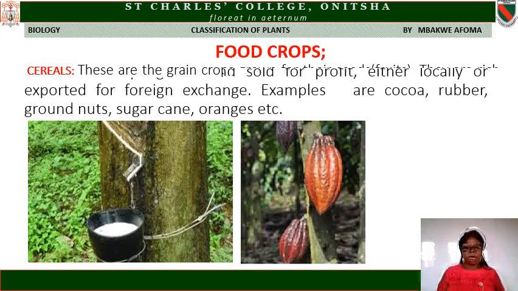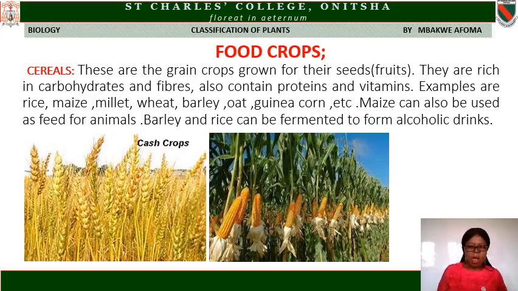The next one is food crops. Now, under food crops, we have cereals. These cereals are grain crops. They belong to the grass family. We cultivate them for their seeds or fruits. And these crops are very rich in carbohydrates and fiber. They also contain vitamins and proteins.